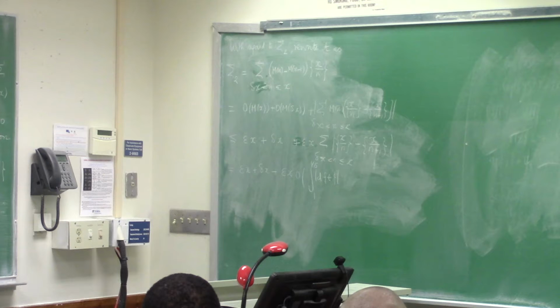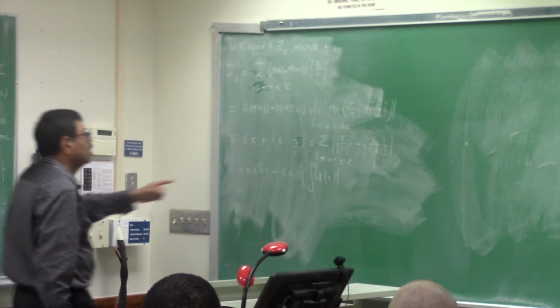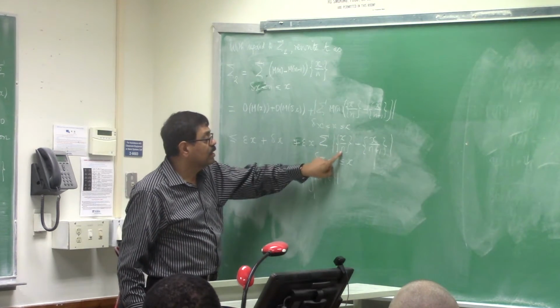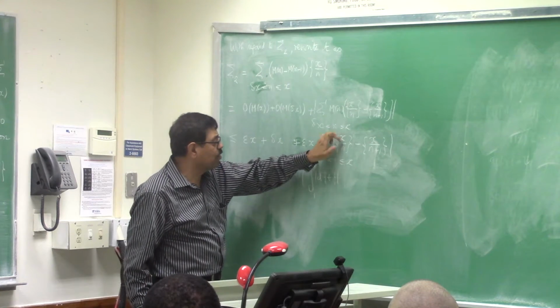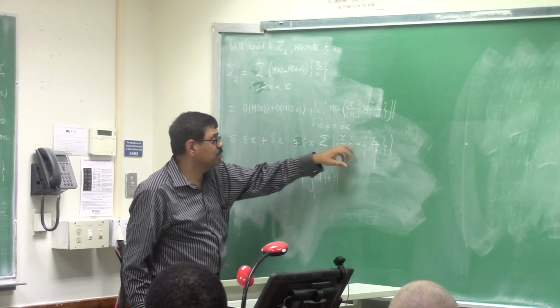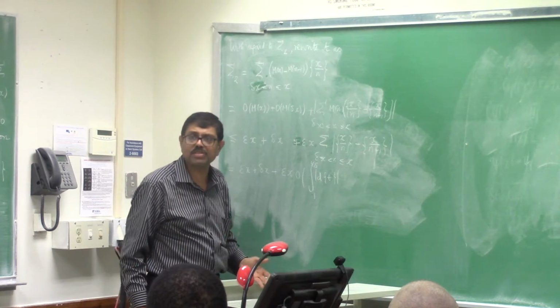Going back to your real analysis course. So this is no more than the total variation of this function on the interval from 1 to 1 over delta, because the largest value of x over n will be 1 over delta when n is smallest.